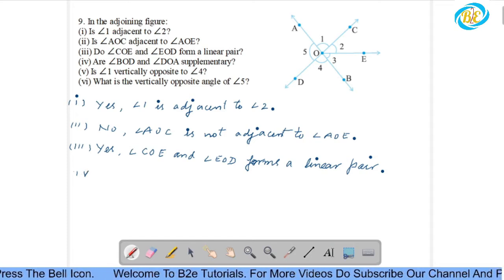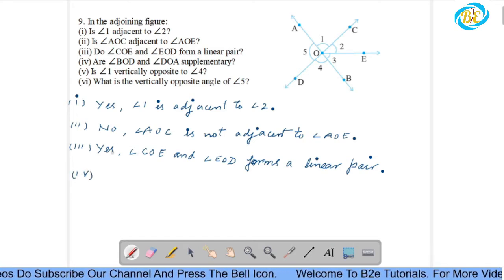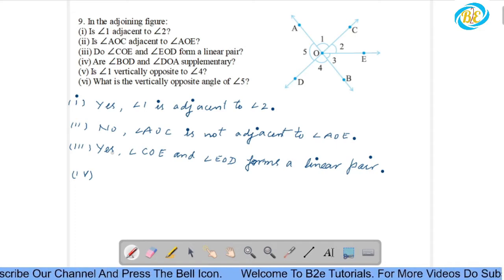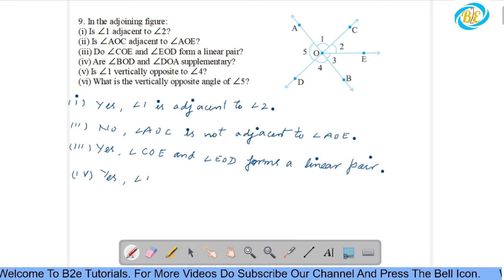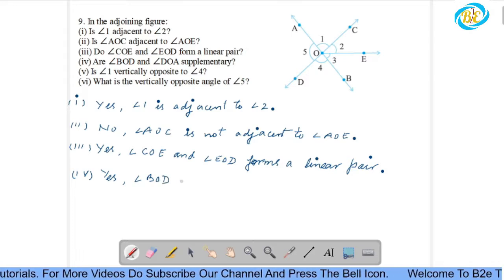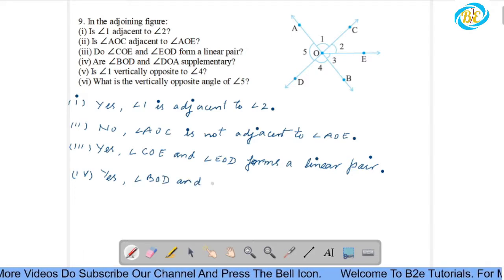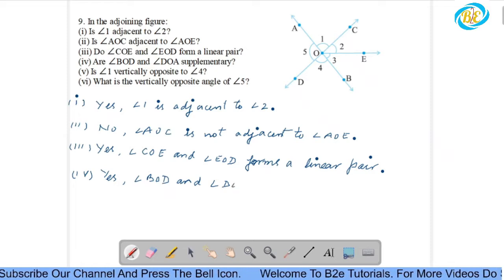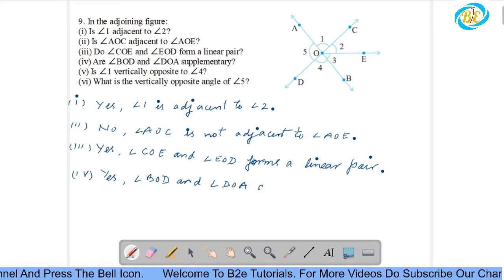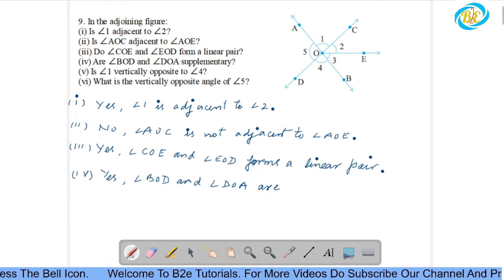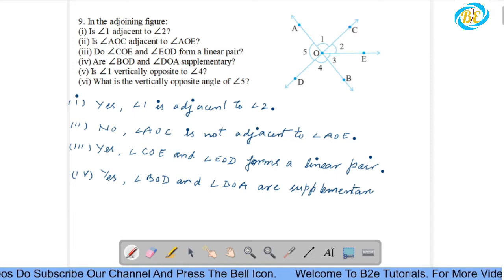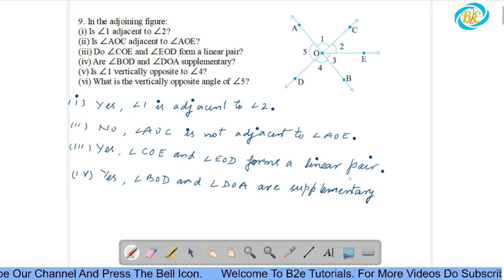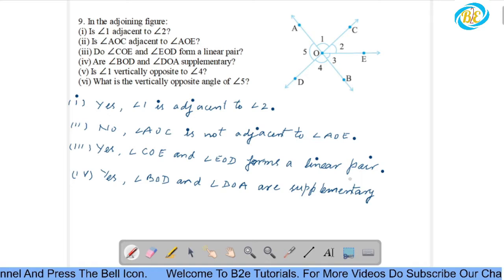Now come to fourth part. Are angle BOD and angle DOA supplementary? Yes. Angle BOD and angle DOA are supplementary. Why? Because their sum is 180 degree, because they are found on the straight line.